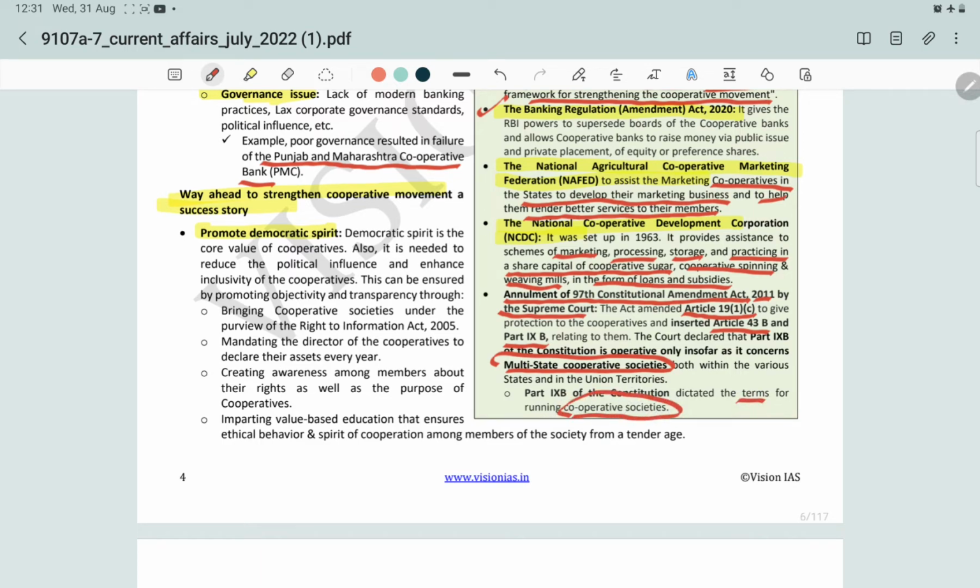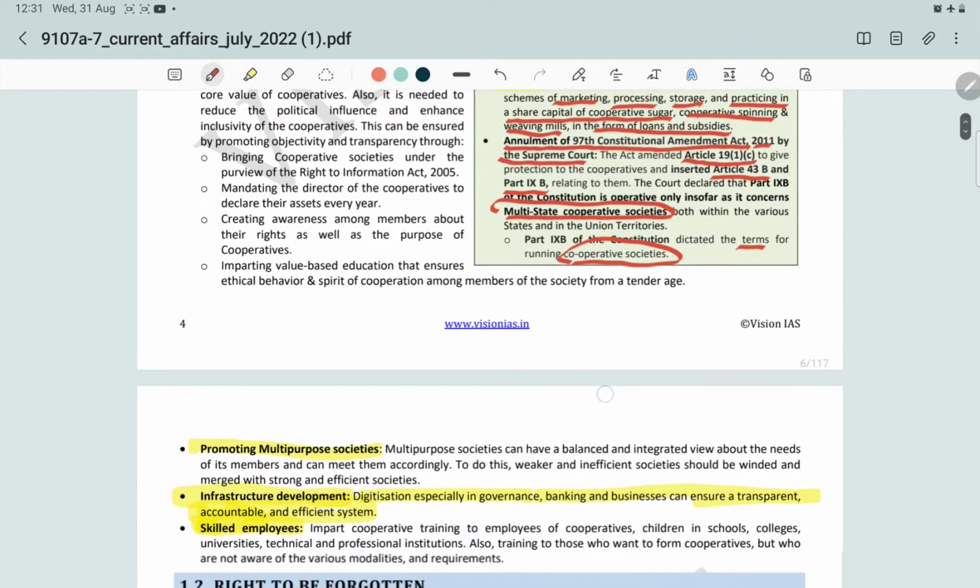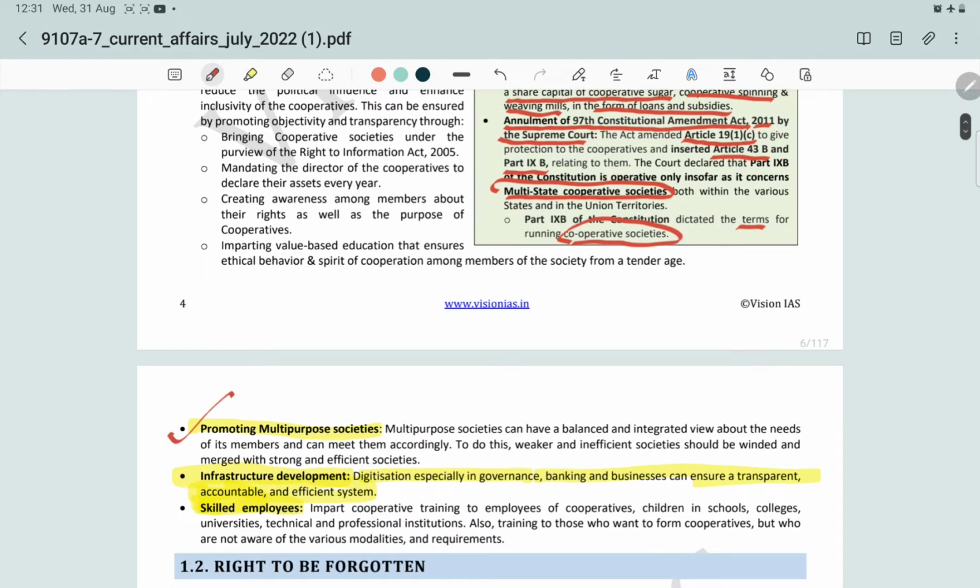What is the way ahead? To make the cooperative movement a success story, first, promote the democratic spirit within the cooperative societies, and secondly, promote multi-purpose societies.